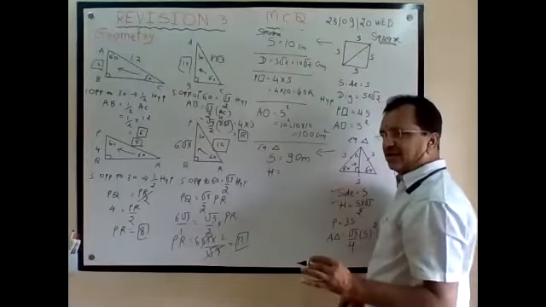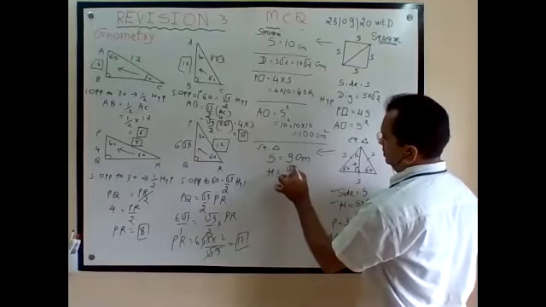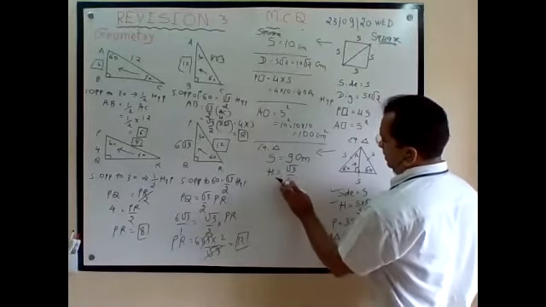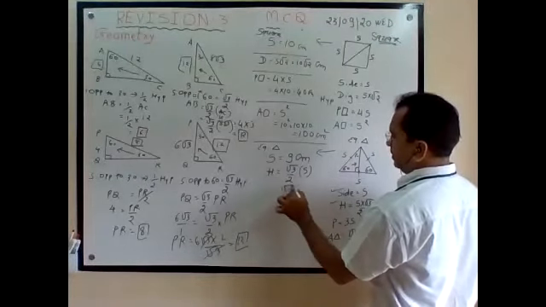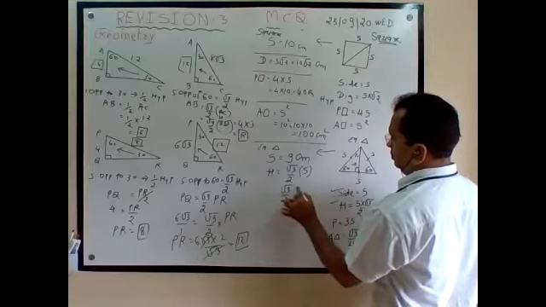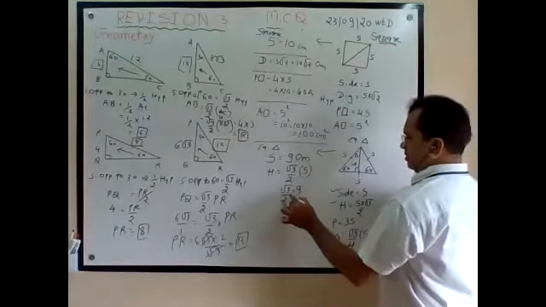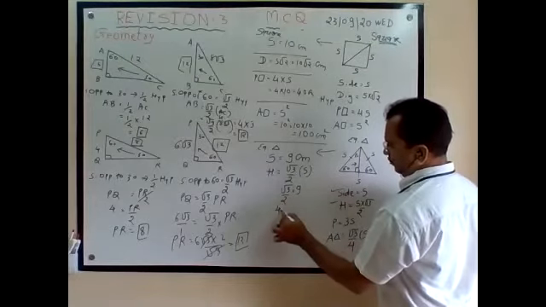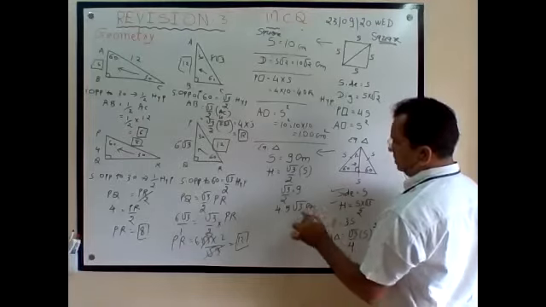So directly you can write height of equilateral triangle is root 3 by 2 side. Root 3 by 2, 9. So this you can cancel. Half of 9 is 4.5 root 3 centimeters.